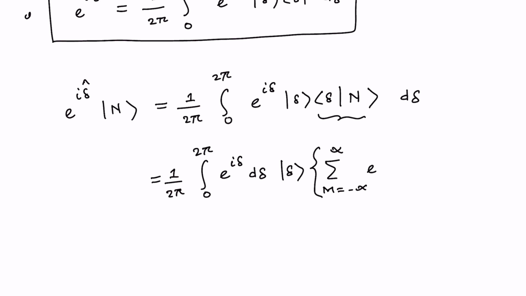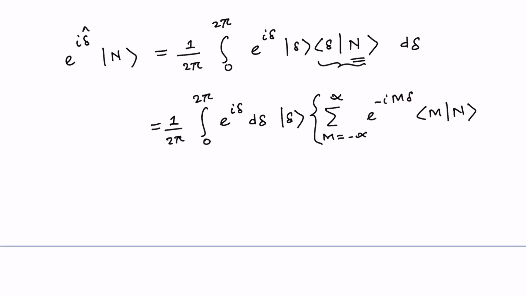I have e to the power minus i m delta bra m, and then from this I have already ket n, and this quantity you can easily see is nothing but the Kronecker delta. So because I am using only this delta term, let me write it simply like this. So this is my Kronecker delta mn, and that is going to be equal to 1 if m is equal to n, otherwise it is going to be 0.